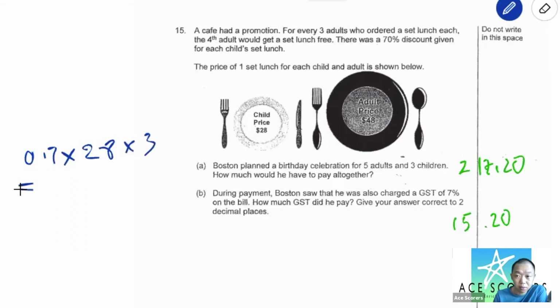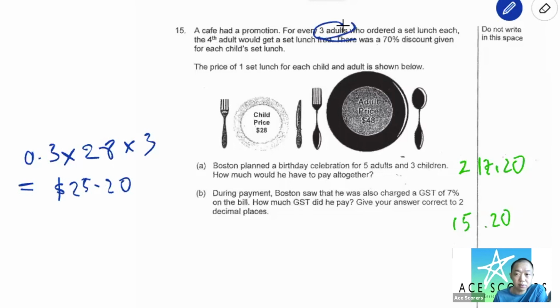Okay, sorry. Don't want 0.7, 0.3. Okay, we get $25.20.